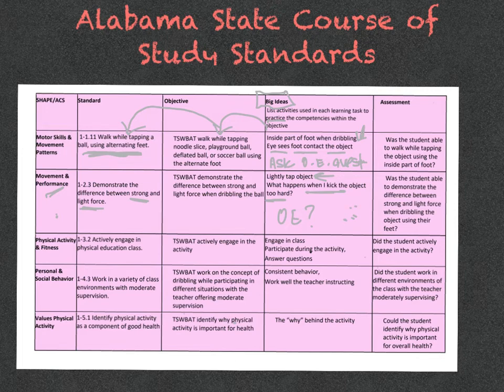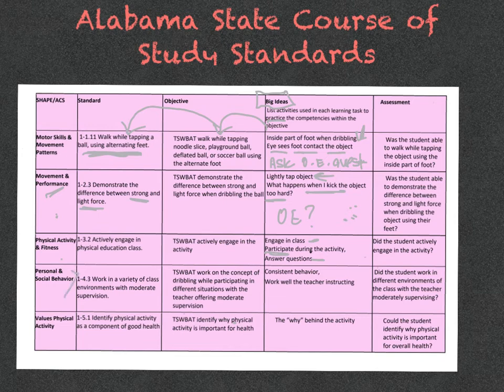So the big idea for physical activity and health, are they engaged? This is pretty simple. Are they participating? And cognitive, are they answering the questions appropriately? If they do not know the cognitive content, the answers to the questions, then obviously they can't perform it. So you're going to have to back up and stop and teach them again.